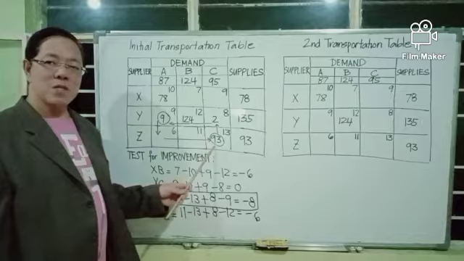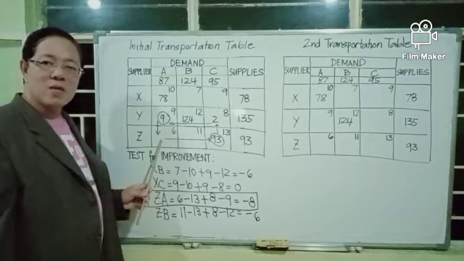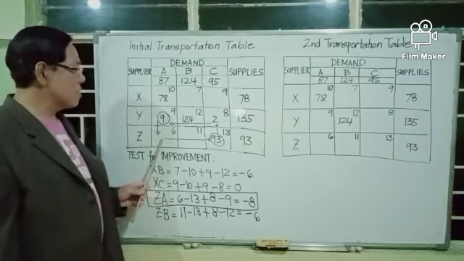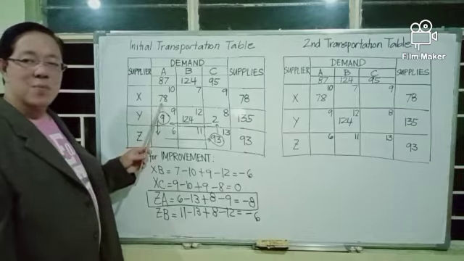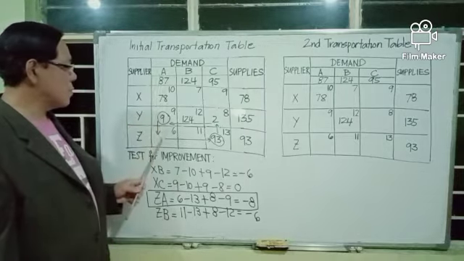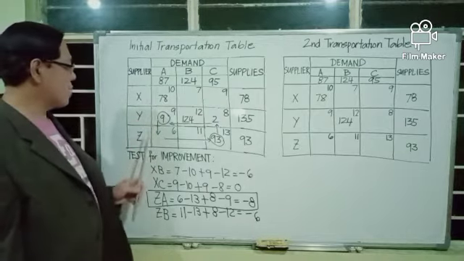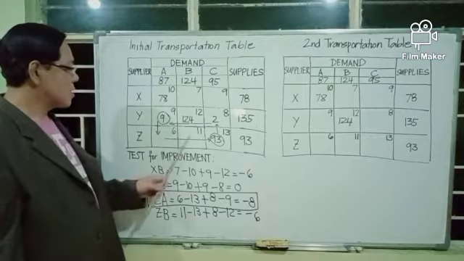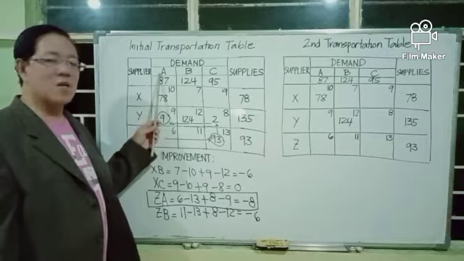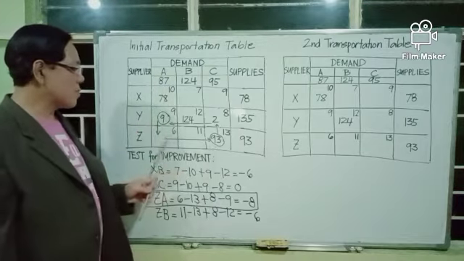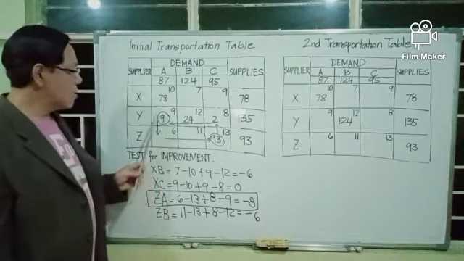Now, if you consider transferring 93 to this vacant cell, that would be impossible because we already have 78 units delivered to customer A. And if you add 93 units to A from supplier C, 93 plus 78 would be more than the demand of customer A. So we cannot transfer all of 93 units to this vacant cell ZA. Now consider 9.